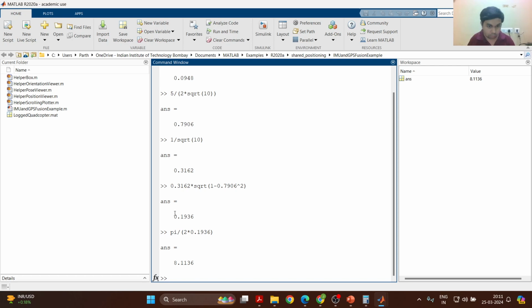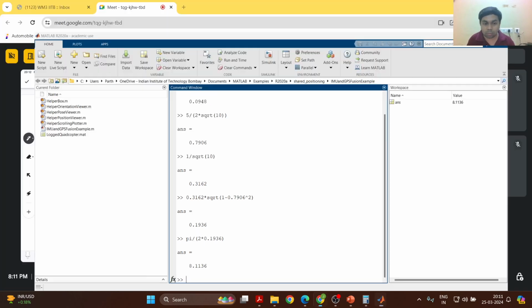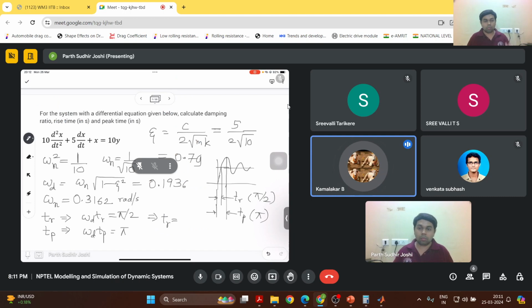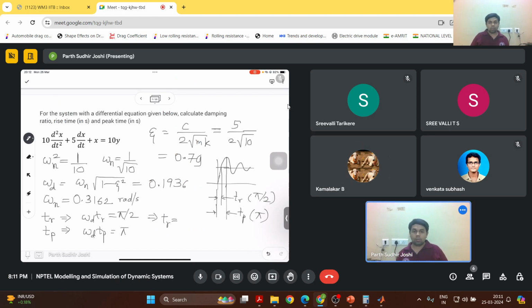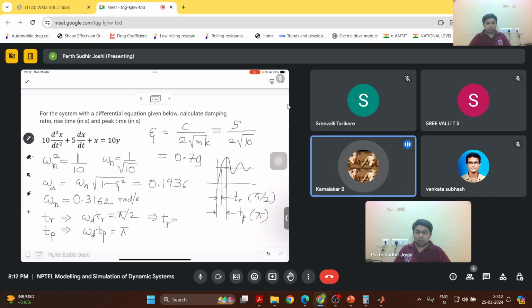TR is 1.895. Is that true? No, how did you get 1.89? You have given omega d into TR equal to pi by 2, and omega d we have written here as 0.1936.